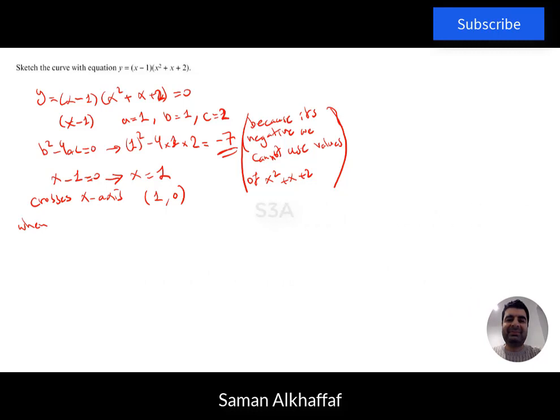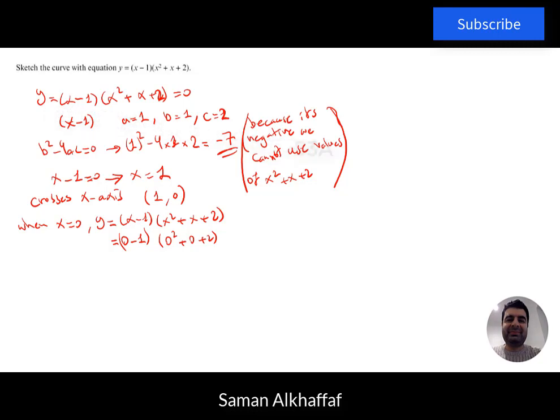So when x equal 0, we would have y equal (x minus 1) multiplied by (x squared plus x plus 2). So that will give us minus 1, and also 0 squared plus 0 plus 2.